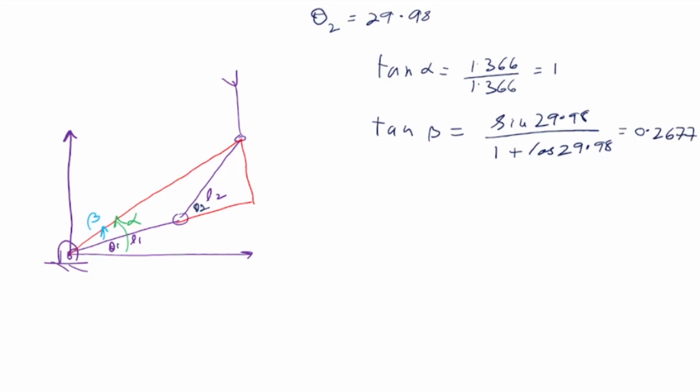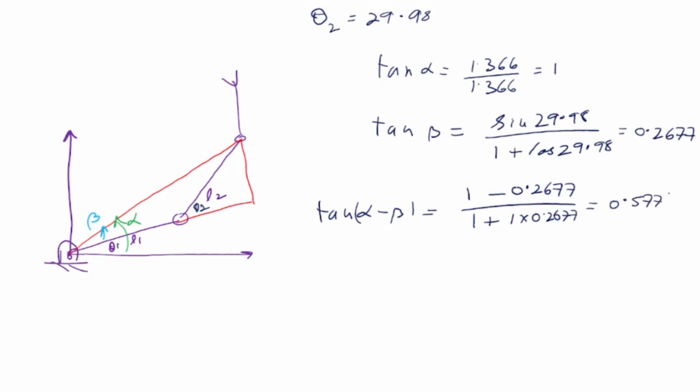When we compute it, we get tan beta equal to 0.2677. Then tan of alpha minus beta is equal to tan alpha minus tan beta over 1 plus tan alpha tan beta, so it is 1.366 minus 0.2677 over 1 plus 1.366 into 0.2677, and this comes out to be 0.5776.